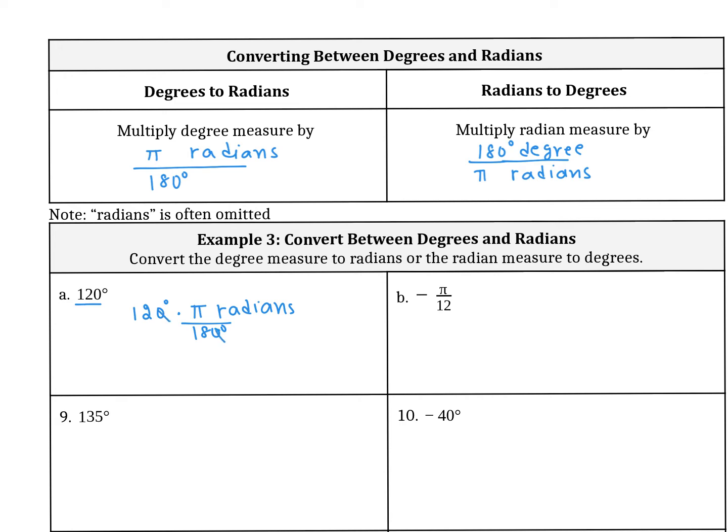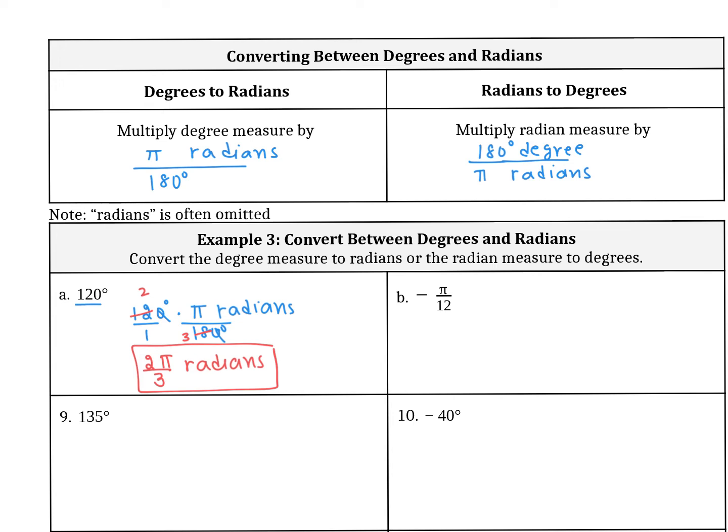You're going to get 120 divided by 180, which when you reduce it by 60 is going to be 2 pi over 3 radians. 120 divided by 60 is 2, 180 divided by 60 is 3, so 2 over 3 pi.